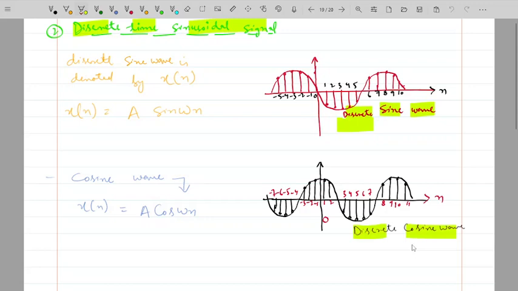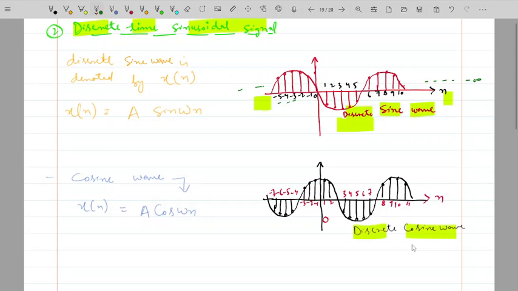Here this is the origin, and from minus infinity to plus infinity, from 0 to minus infinity we have the negative values minus 1, minus 2, minus 3, minus 4, minus 5, and from 0 to plus infinity we have the positive values 1, 2, 3, 4, 5 up to n number of samples.